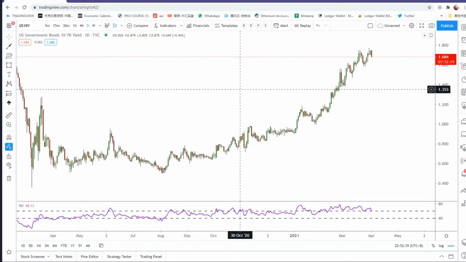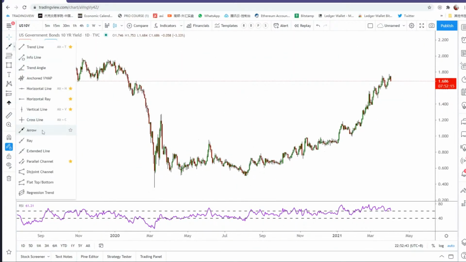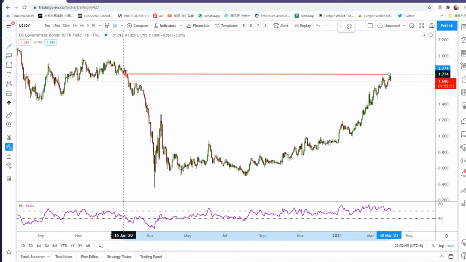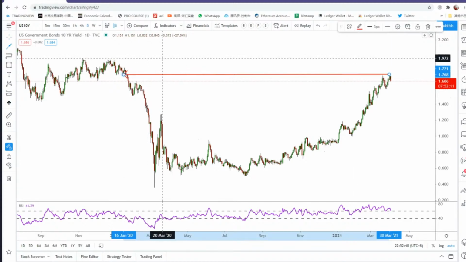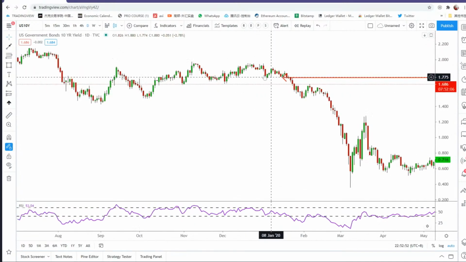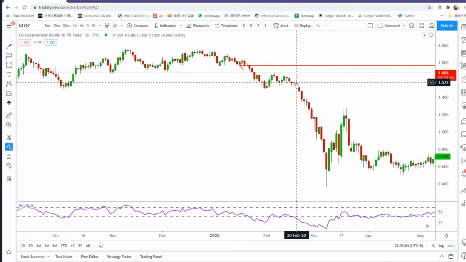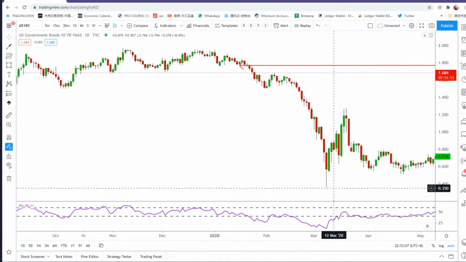And if you look at the yield of the 10 years government bond, the 10 years yield has already touched the 2020's breaking out price, which is here. Remember in January, when the coronavirus happened, and also the Fed cut the rate here about March, right?